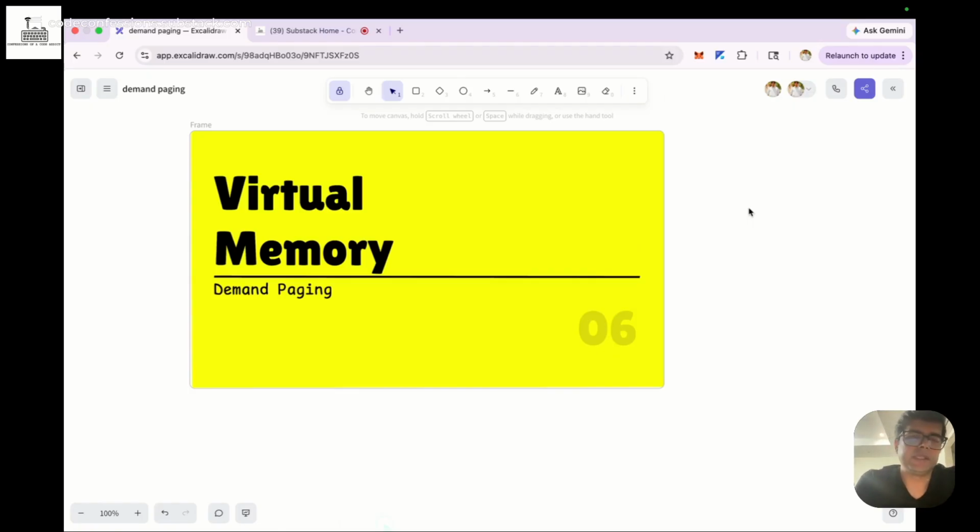So let's start by understanding what is demand paging. Demand paging is a very simple idea. It's lazy allocation of physical memory inside the kernel.